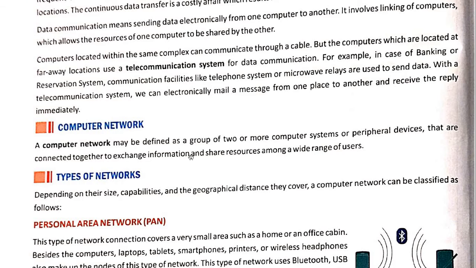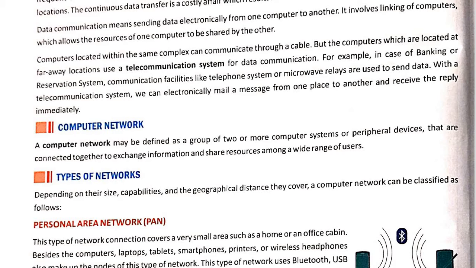What does it mean? I am explaining to you. When two computers are connected with each other, then what are the peripherals? Peripherals like printer, keyboard, mouse. These are known as peripherals, means the additional devices that get connected with the CPU or the computer. So two or more computers are linked together for the purpose of giving access to the peripheral devices.